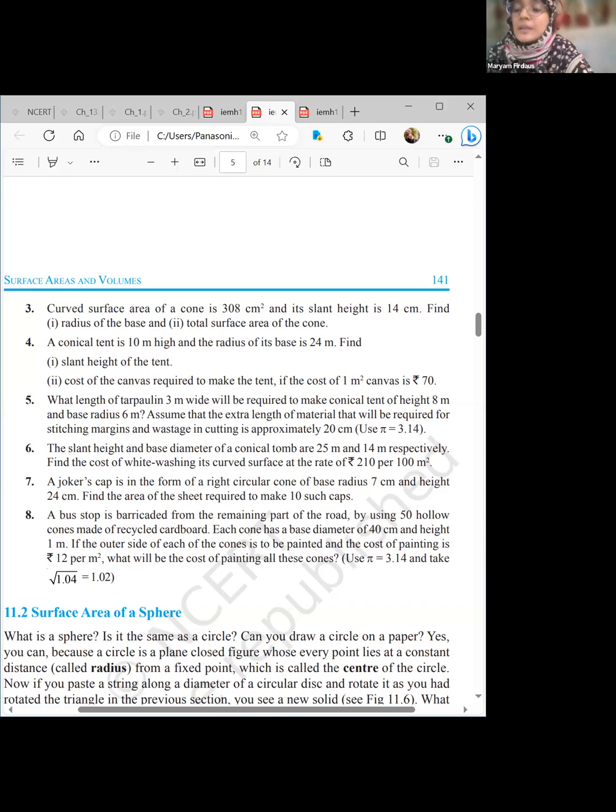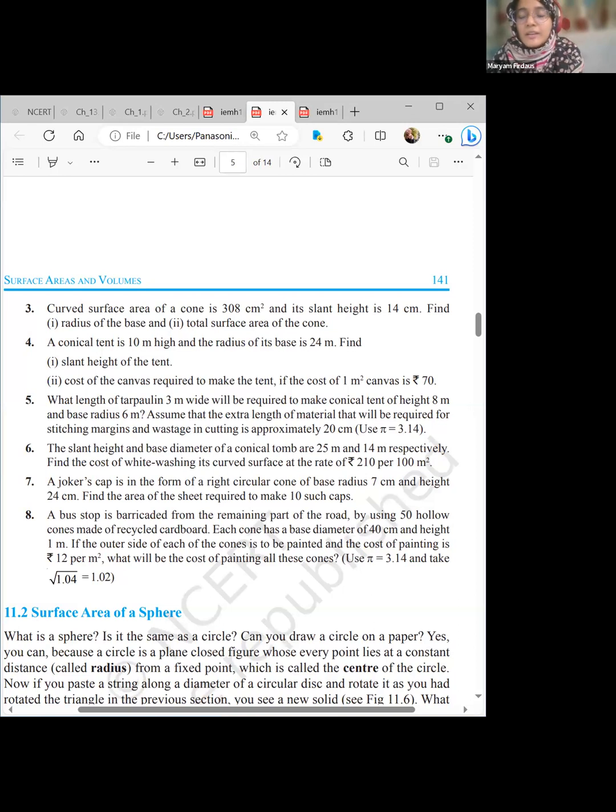They are asking us about some material from which we are going to make this tent, so obviously we are going to need the area. We need the surface area of the conical tent. You might have a doubt: why are we finding area when the question asks what length of tarpaulin?